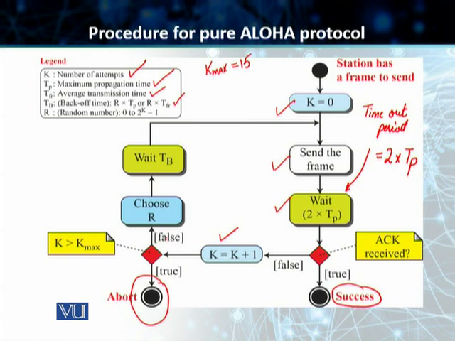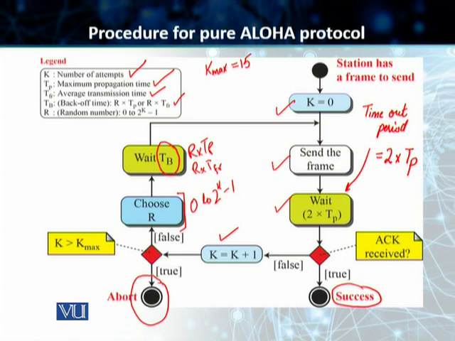And if we are still not able to be successful, we choose our random value R, as I explained, from 0 to 2 raised to the power K minus 1. We wait for a certain amount of TB, or back off time, which is once again equal to R times TP or R times the frame transmission time, T frame, and then we start the whole process of sending the frame again.